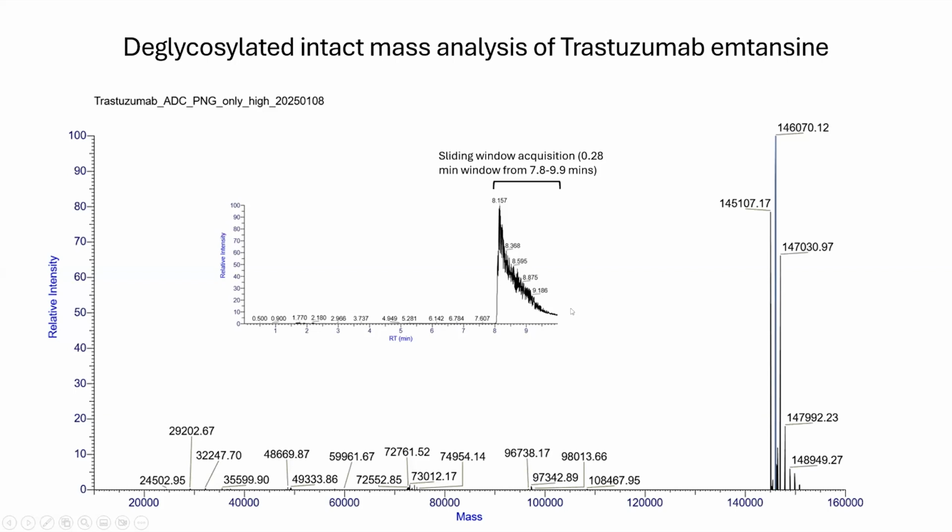So first, starting off with the intact analysis that we've done. Initially we tried just to deglycosylate the antibody and then run the intact form of that product. Here's the chromatogram shown in the middle, and we had a sliding window acquisition from this time frame in order to deconvolute the peaks shown in the higher mass range here.